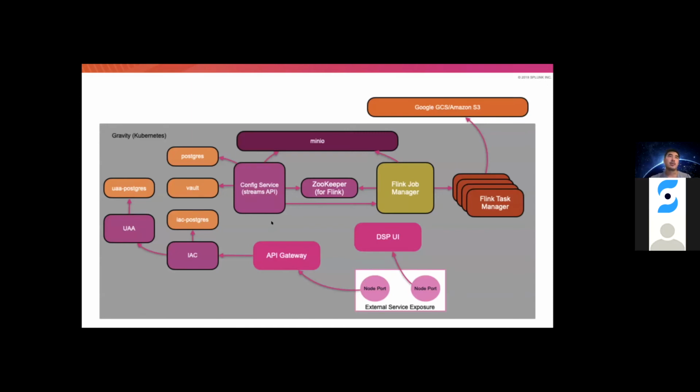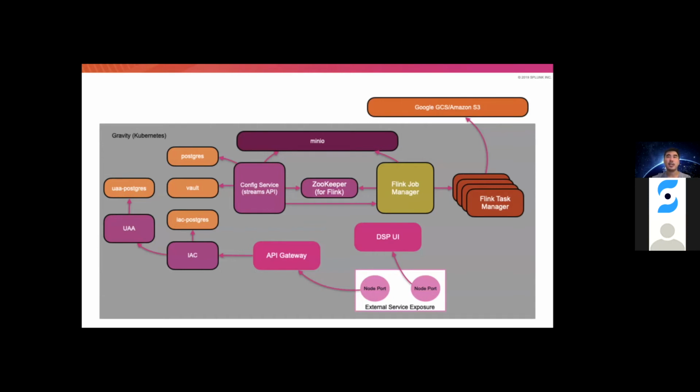In the previous slides, I gave an overview of some of the core services, more from the perspective of explaining how Flink and Pulsar are used in SPS.